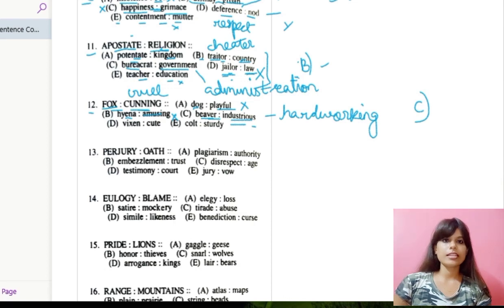Vixen and cute. So vixen, the female of fox is vixen, and cute is quite sweet and cute we can say, but it's just not going. Next is colt and sturdy. Now colt means a type of revolver. Okay.